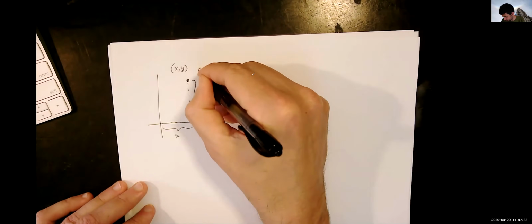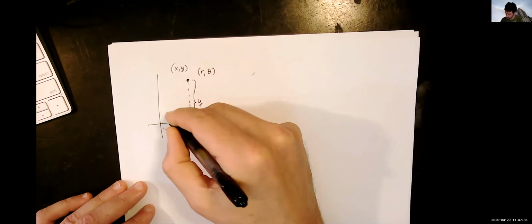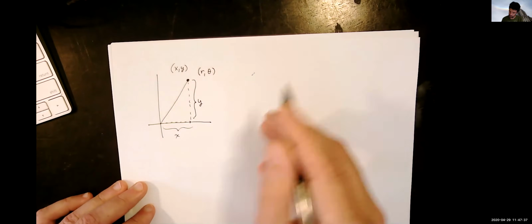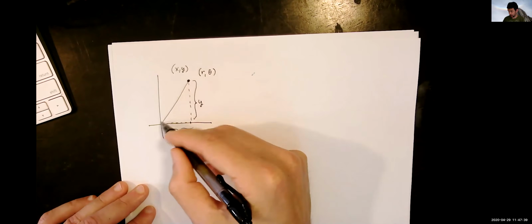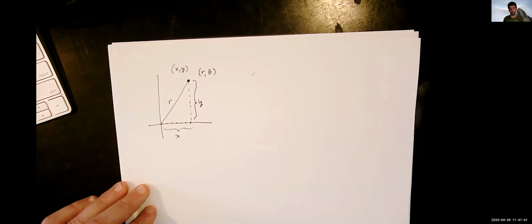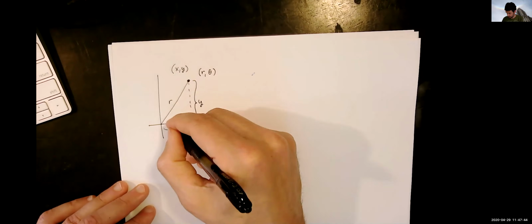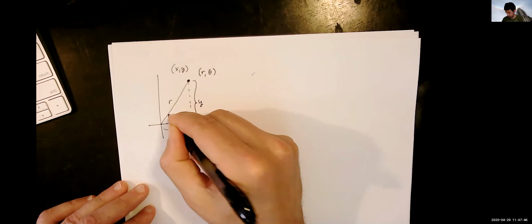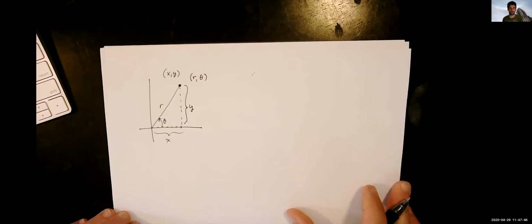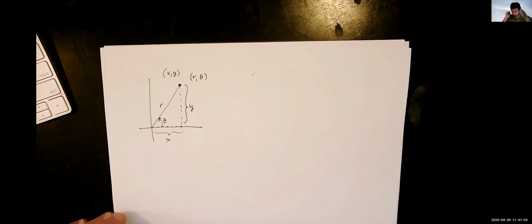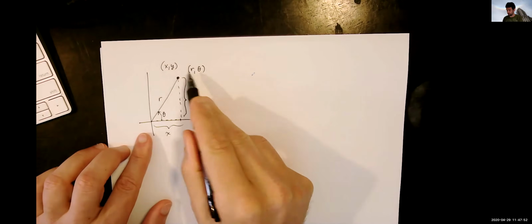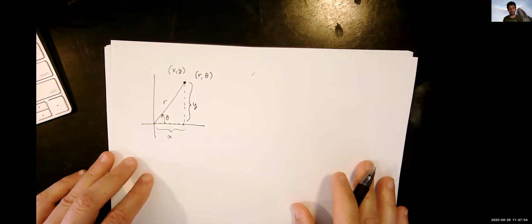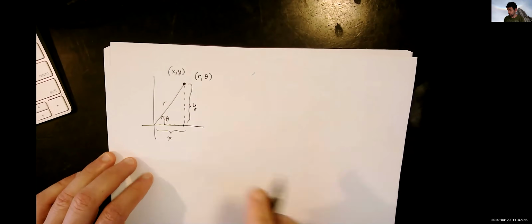But I could also describe this point using polar coordinates, which means I should say how far from the center it is and in what direction. Okay, so these two things should be describing the same point.